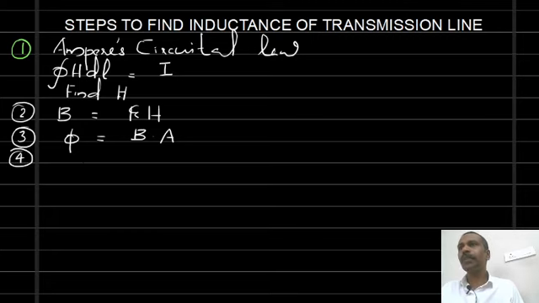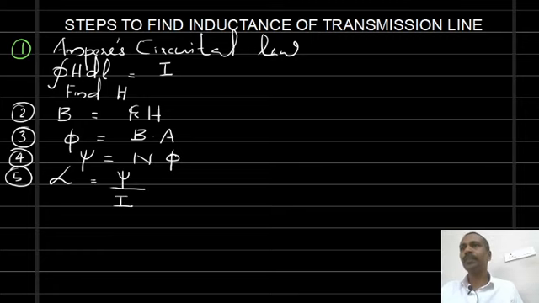The fourth step is the calculation of flux linkage, which is equal to the number of conductors into flux. The last step is the calculation of inductance, which is equal to flux linkage divided by the current. So these are the 5 steps usually we use to calculate the inductance of a transmission line.